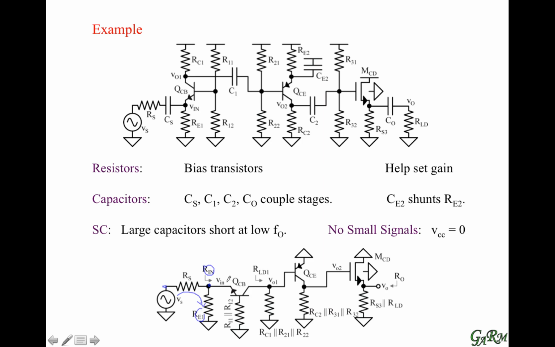Then we have a short circuit transconductance gain across the base-degenerated common base into the equivalent resistance that it feeds. Then we have a short circuit transconductance gain across the common emitter into the equivalent resistance that it feeds. And lastly, we have another short circuit transconductance gain into the resistance that the last transistor feeds. And this way, we get the gain across the entire circuit.